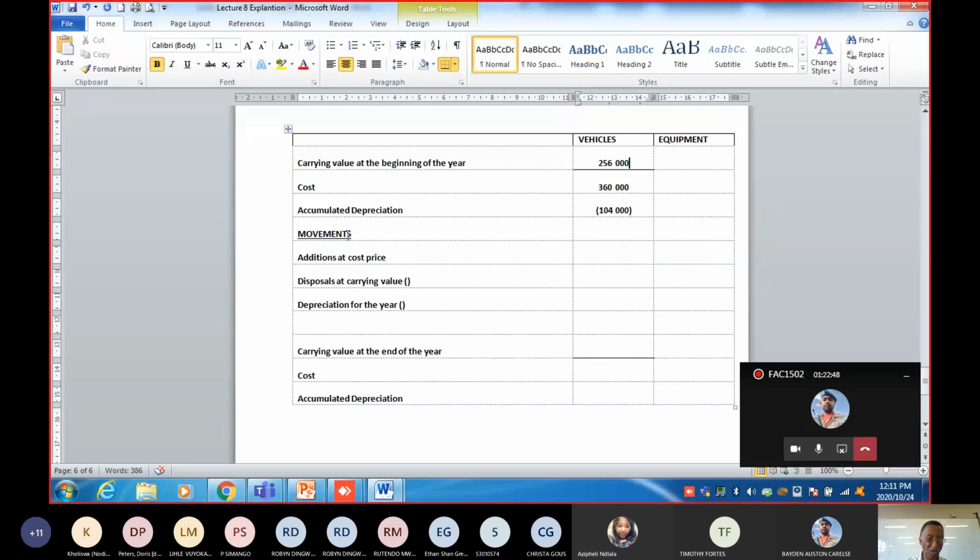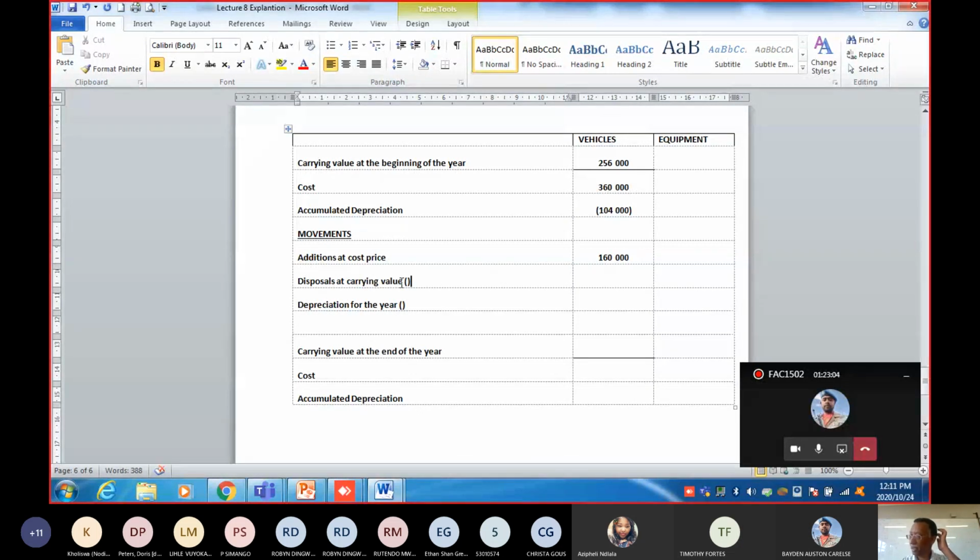Now we're going to focus on the movements. What happened during the course of the year? There were additions, and we bought more vehicles for 160,000. We have sold vehicles, and that is under your disposals.